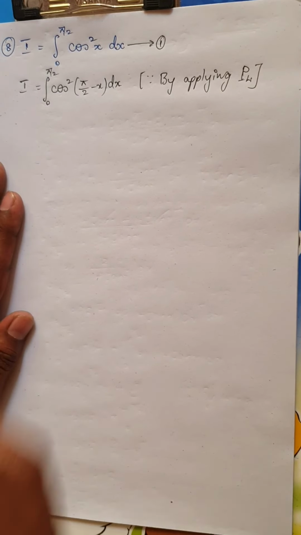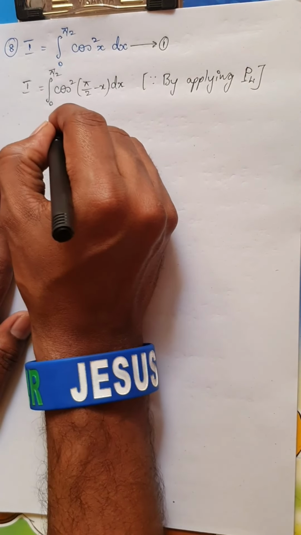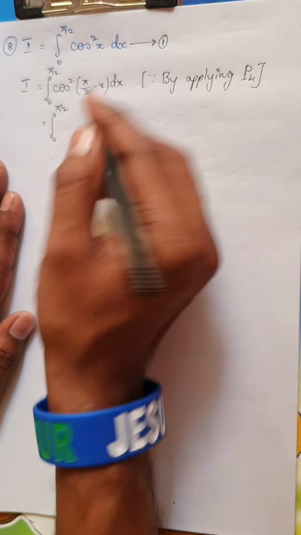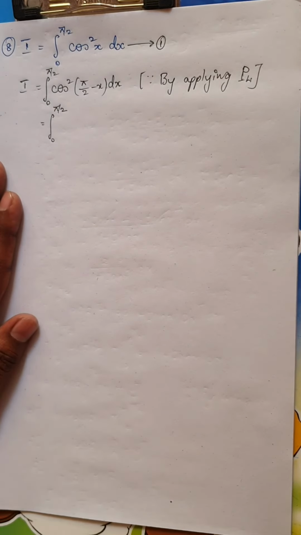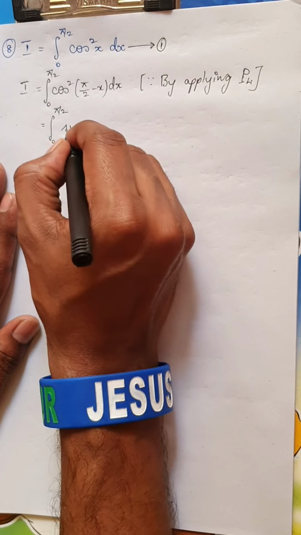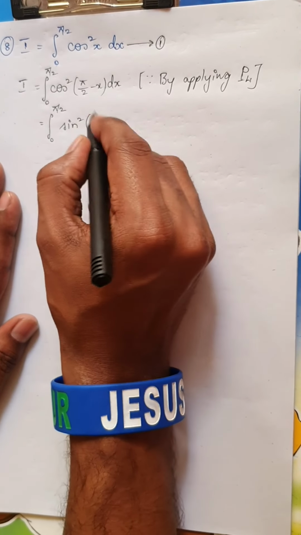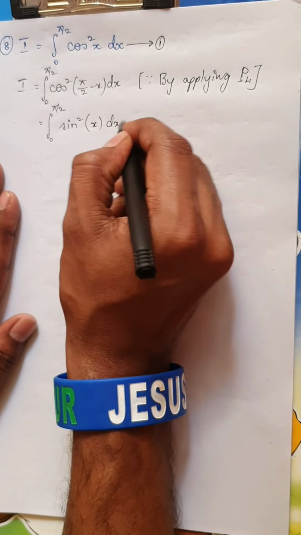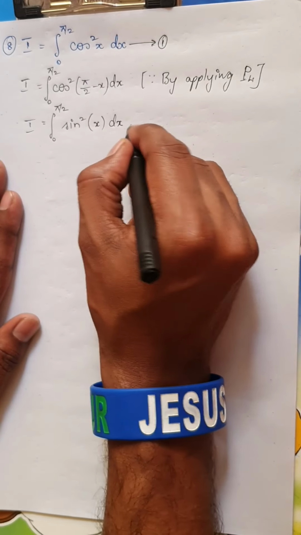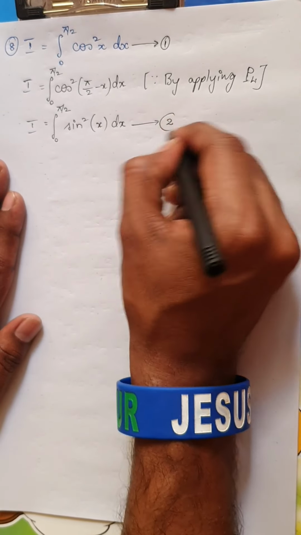Now this is nothing but integral from 0 to pi by 2. Cos of 90 minus theta can be written as sin theta, so it would be sin square x dx. The left hand side is I, so this is equation 2.